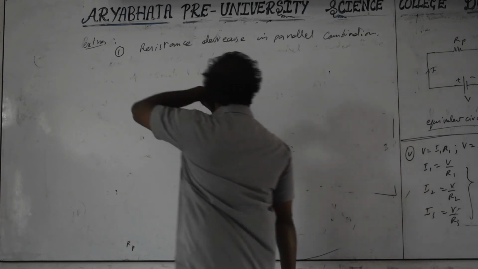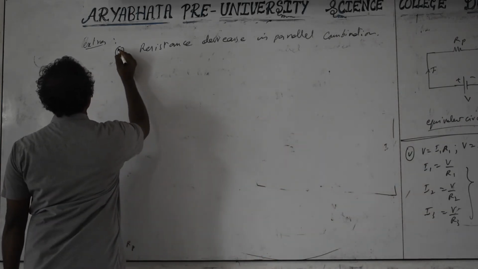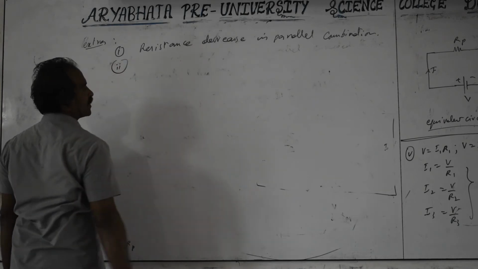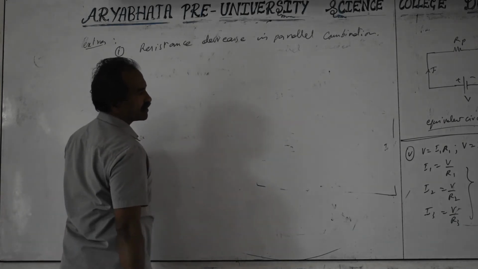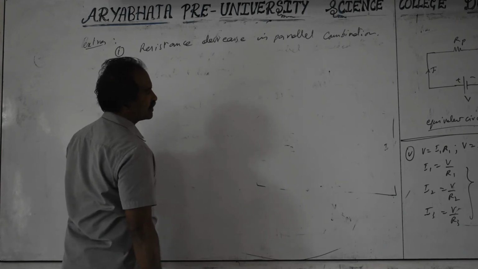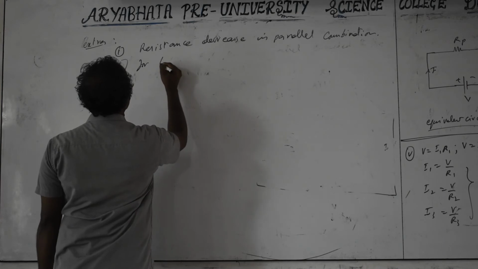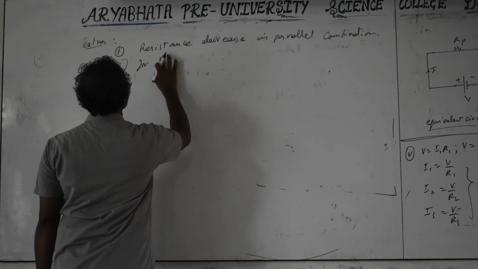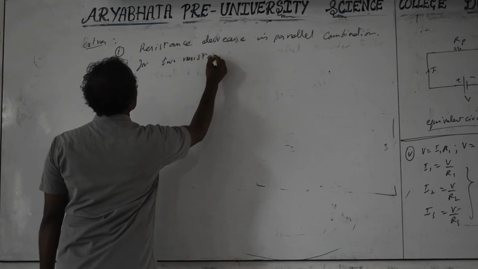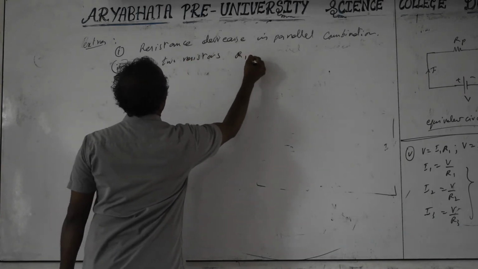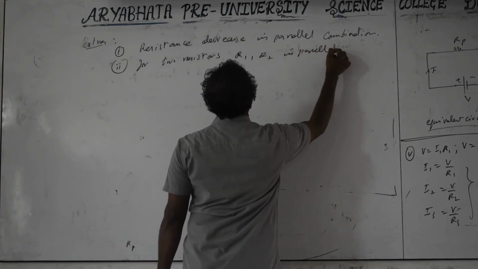Resistance decreases in a parallel combination. If you take 3 resistors in parallel, or let's take 2 resistors first.